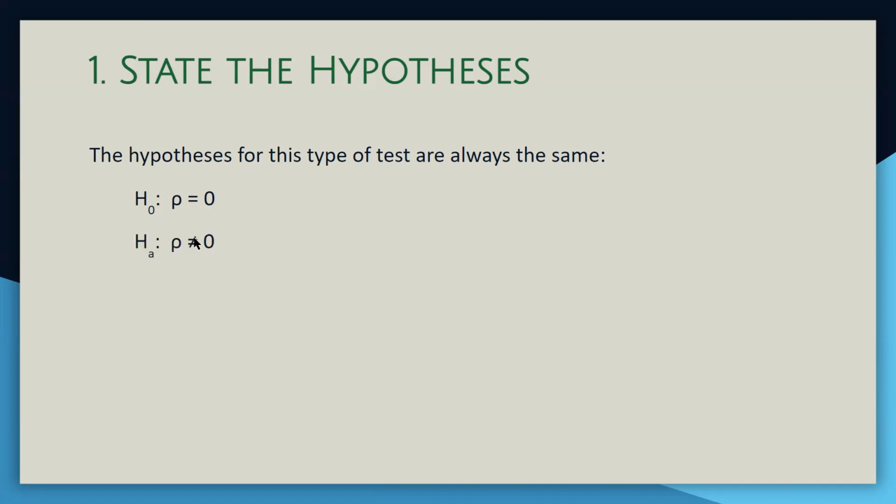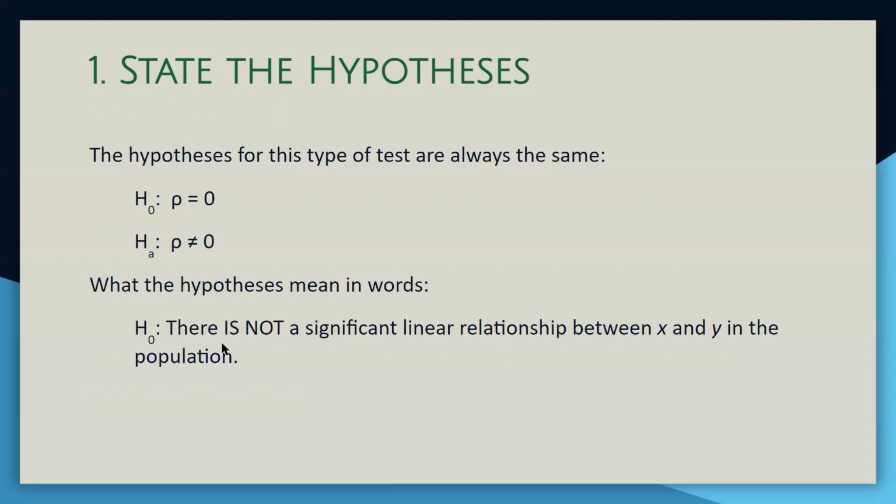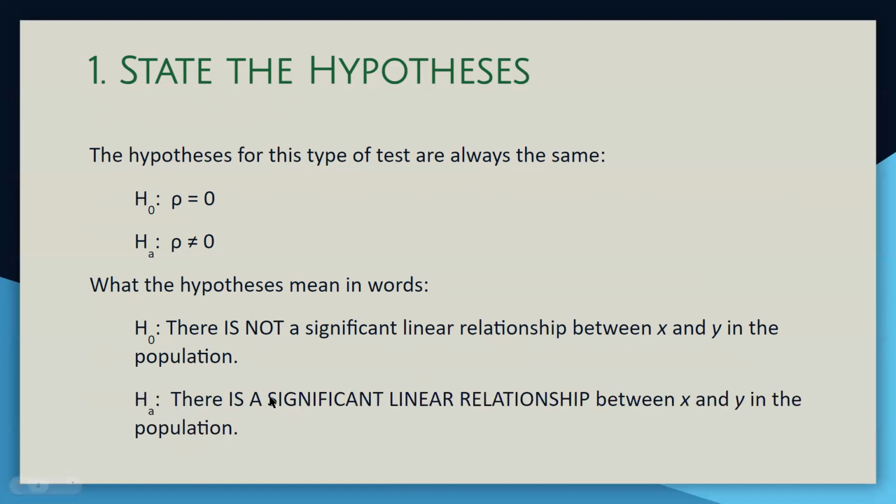The alternative is then that the population correlation coefficient is not 0. There is some linear relationship between X and Y. In words, H naught is there is not a significant linear relationship between X and Y in the population. And the alternative is there is a significant linear relationship between X and Y in the population.